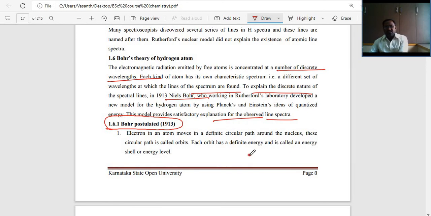This is an electron in an atom. This is the nucleus, and this is the electron. An electron in an atom moves in a definite circular path around the nucleus.